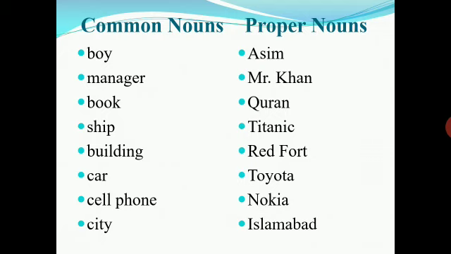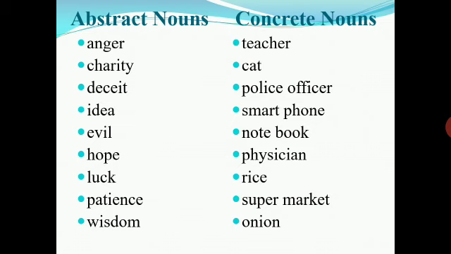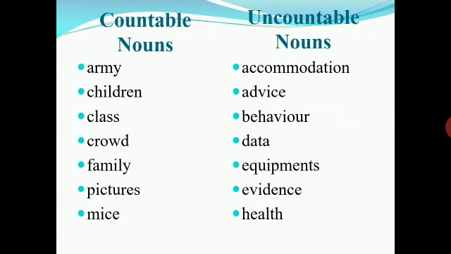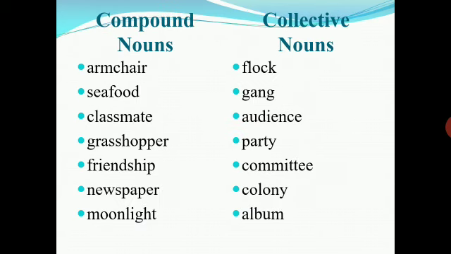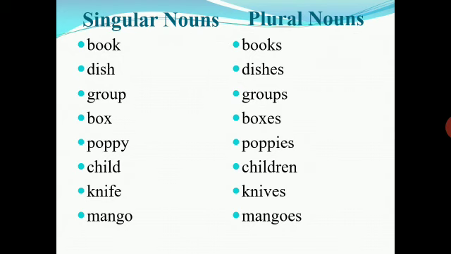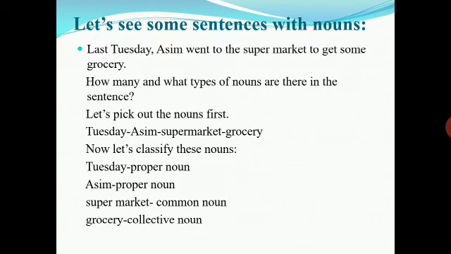Now these are some examples of all the 10 types of nouns. This is common nouns and proper nouns, and abstract nouns and concrete nouns, countable nouns, uncountable nouns, compound nouns, collective nouns, singular nouns, plural nouns. Now let's see some sentences with nouns.